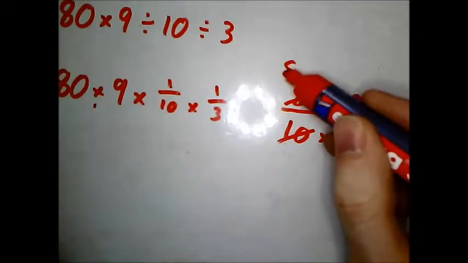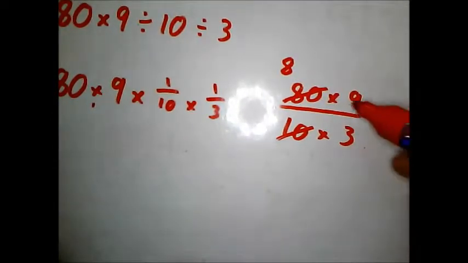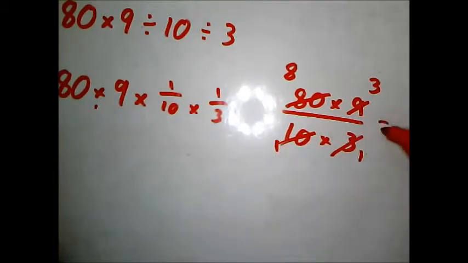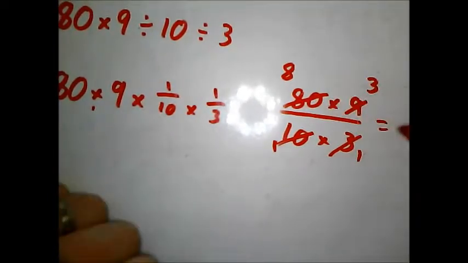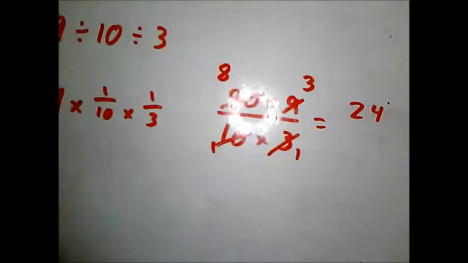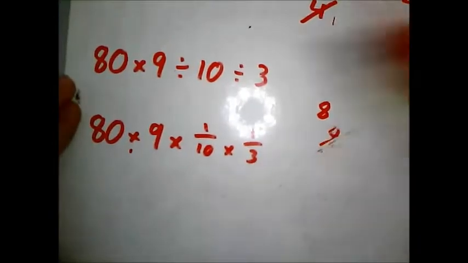So here we've got a common factor of 10, so that's going to become 8. And I've got a common factor here of 3, so that becomes 3 and 1. So I'm left with 1s on my denominator and 8 and 3 on my numerator. So that becomes 24.